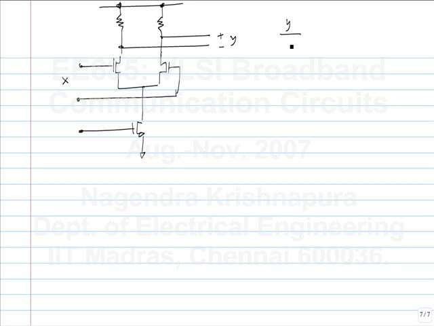Y by X is variable but always positive. So the question is, how do I make it go from negative values to positive values? I want both negative and positive values. If I wanted only negative, then that's silly. I just flip the sign of Y and I do that. So if I want both positive and negative, what do I do?